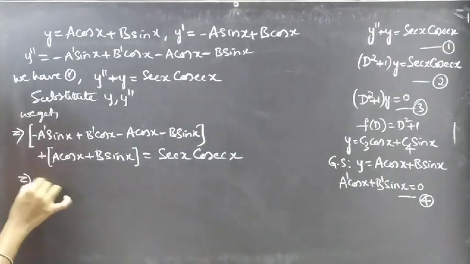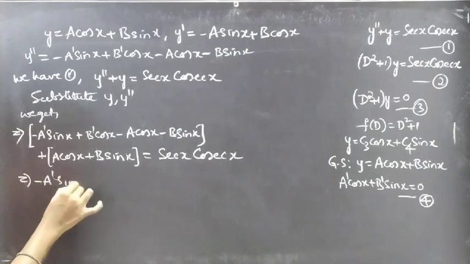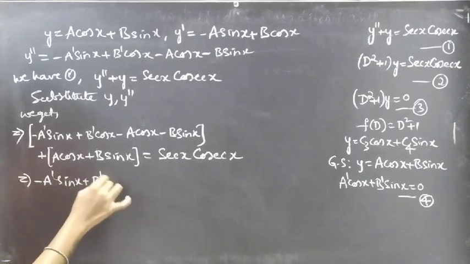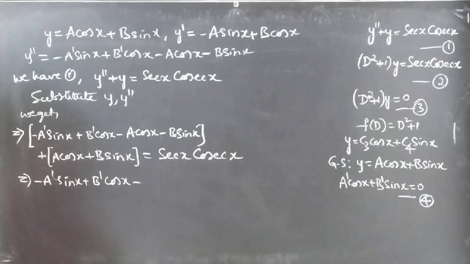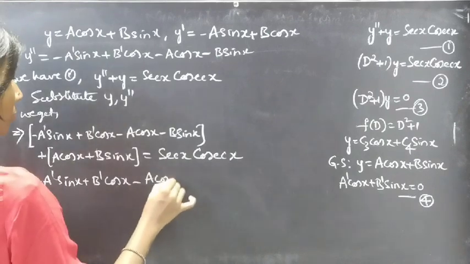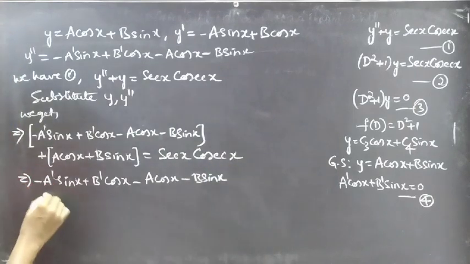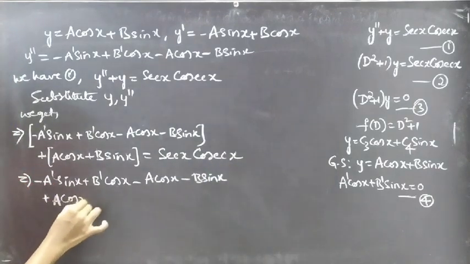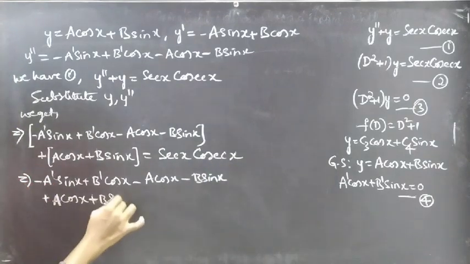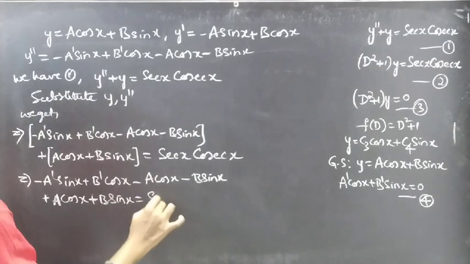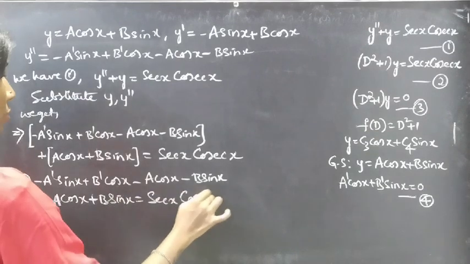This gives us minus a dash sin x plus b dash cos x minus a cos x minus b sin x plus a cos x plus b sin x equal to secant x cosecant x.